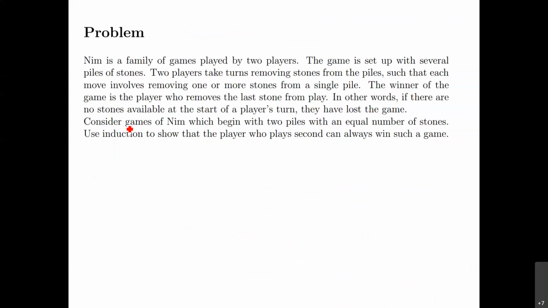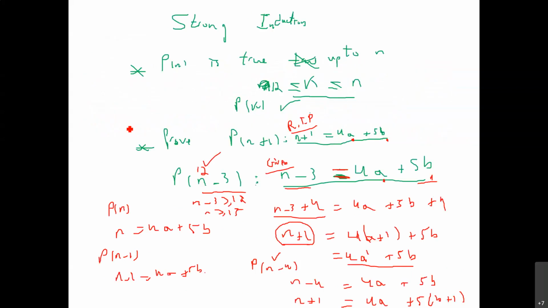So let's get a different taste of strong induction. In this one, just have this as a remark. What did we need? We wanted to prove P of n plus 1. We had to go back to P of n minus 3, or go back to P of n minus 4.